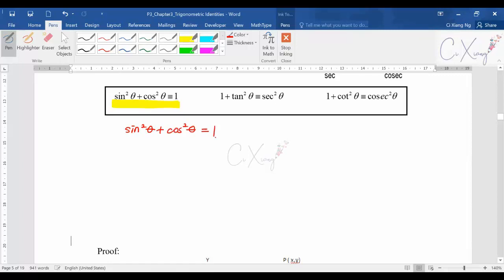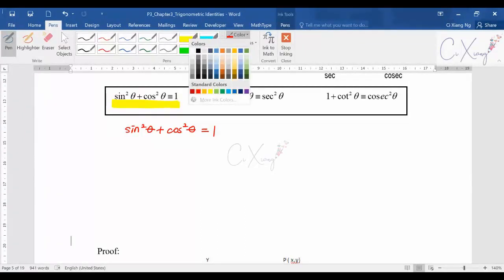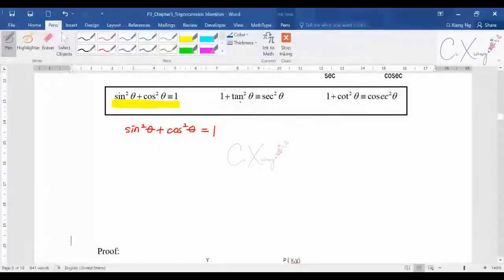Now, how can I get the other equations? Generally, I divide the whole equation by sine square theta. Sine square theta divided by sine square theta becomes 1. Then cos square theta divided by sine square theta, cos over sine is cotangent, and therefore you have cotangent square theta.